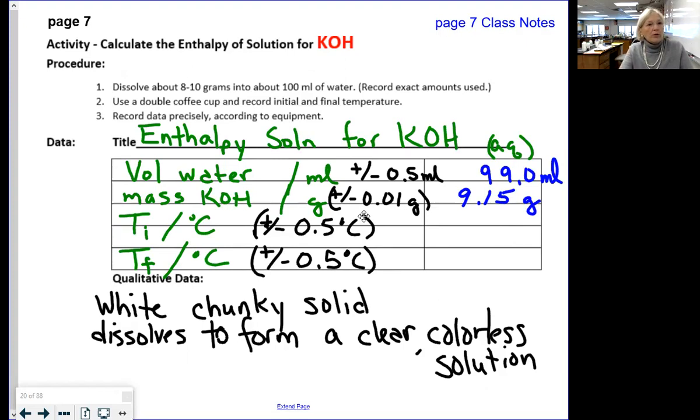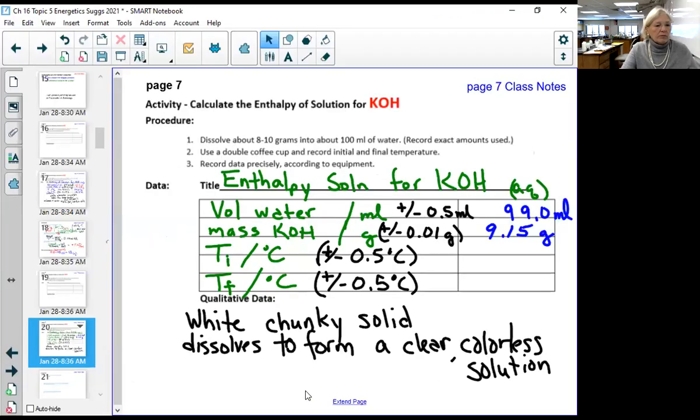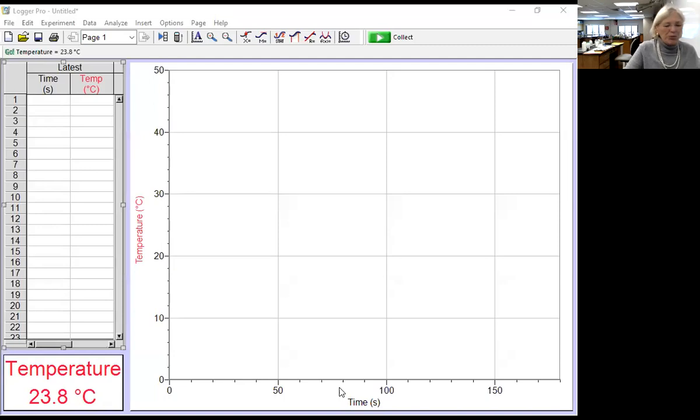So I will stop sharing that and I will go to my software now and show you the beauty of using computer probeware. All right, let's start this data collection.